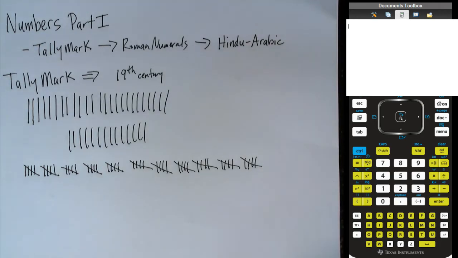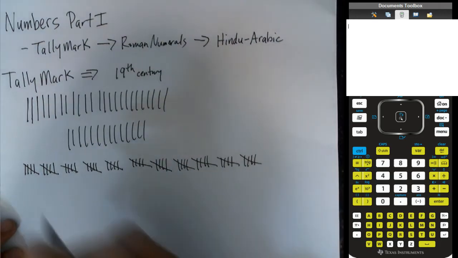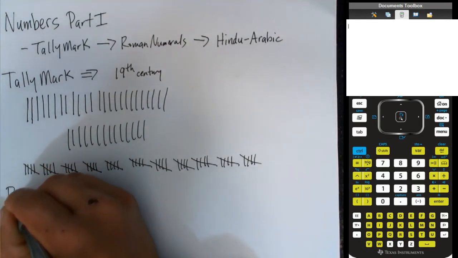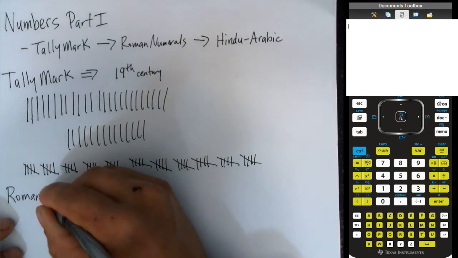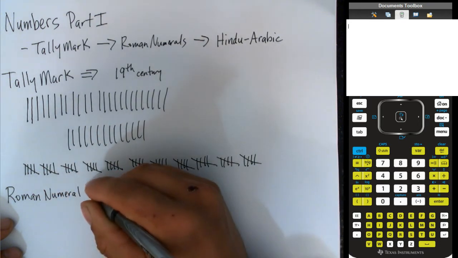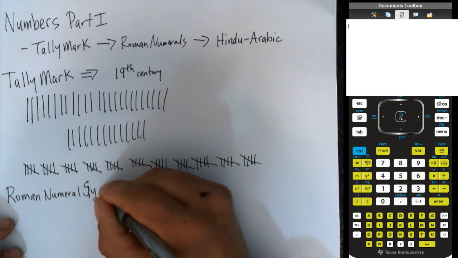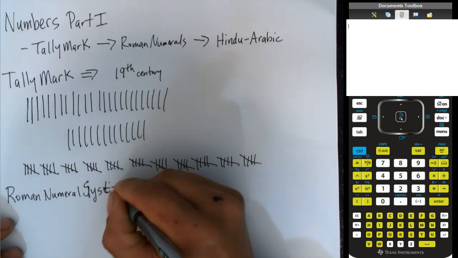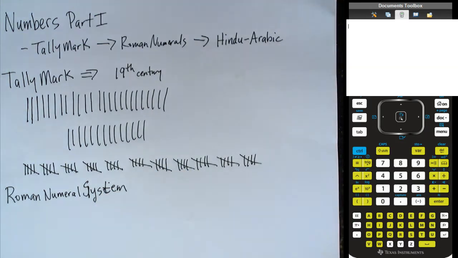And the Romans had a solution for this, and they invented their system, the Roman Numeral System. And there's a lot of different versions of this system out there. So I'm going to talk about the general and the popular versions of this system. And they said, okay, you know what, we got a number 1.